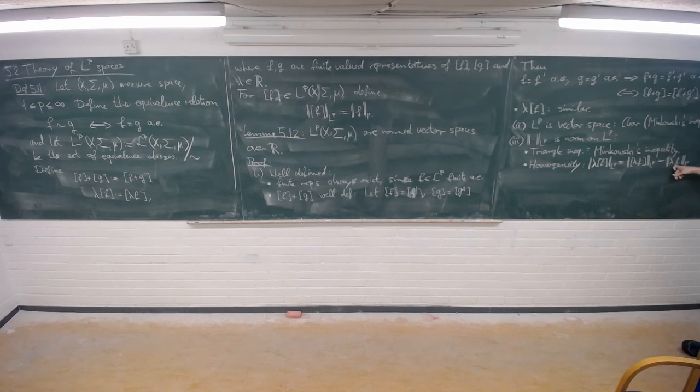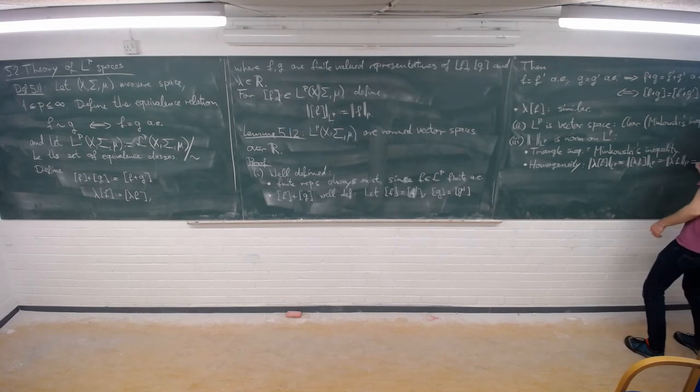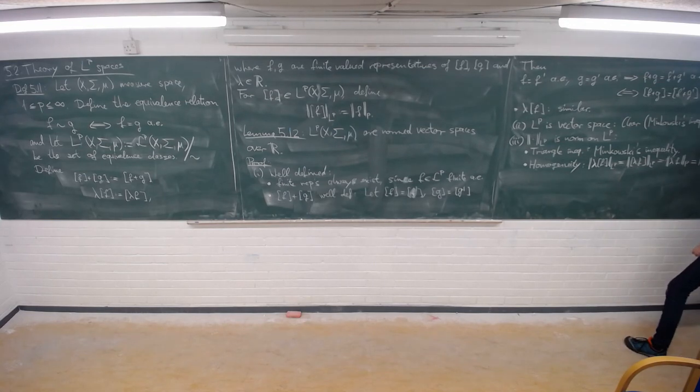And now for the old p norm, the p norm of lambda f is the same as absolute value of lambda times the p norm of f.